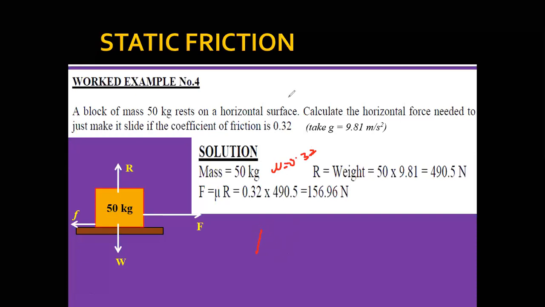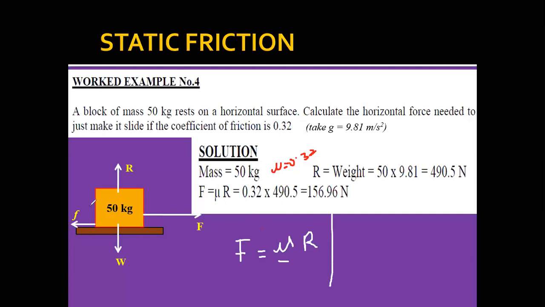We also know earlier that the force applied is directly proportional to R, which is F equals mu R. We know mu, so the question is, how do you get R? That is also very easy to obtain.